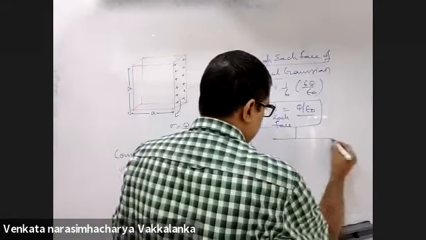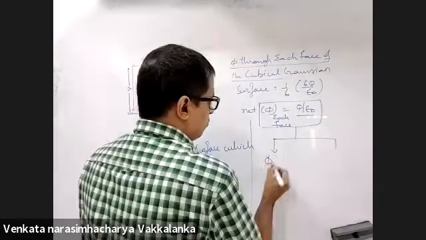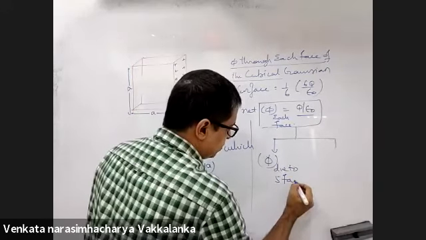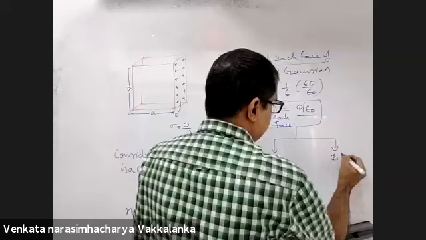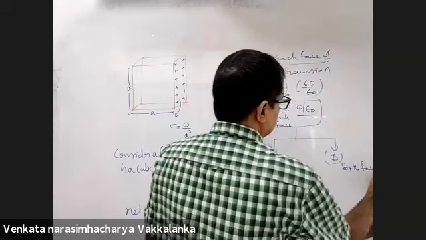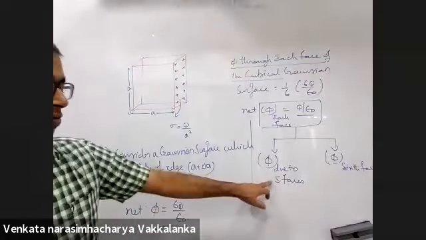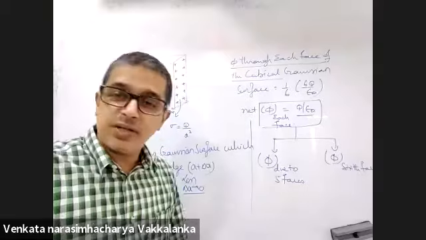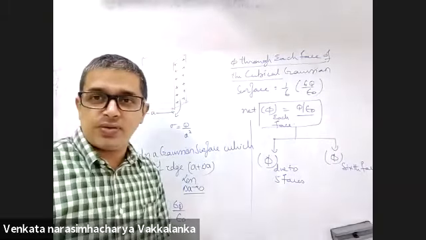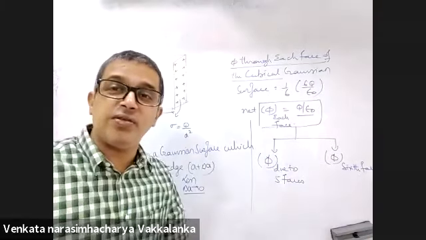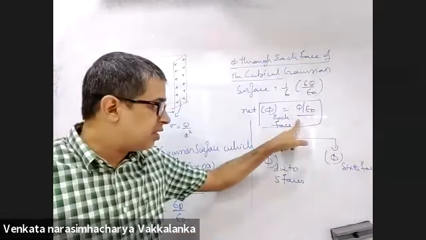This flux is the flux due to the 5 faces and the flux due to the 6th face through one single face of the Gaussian surface.